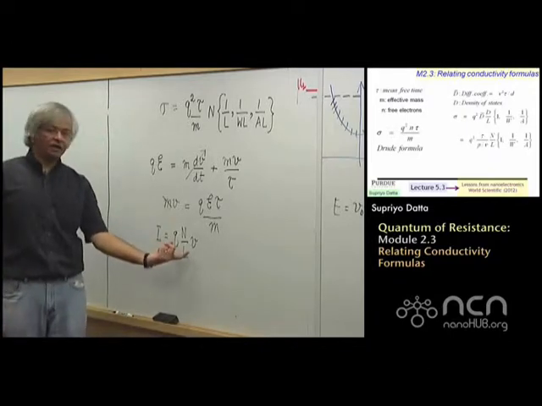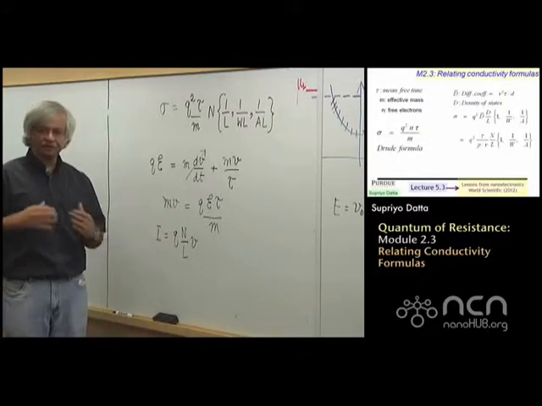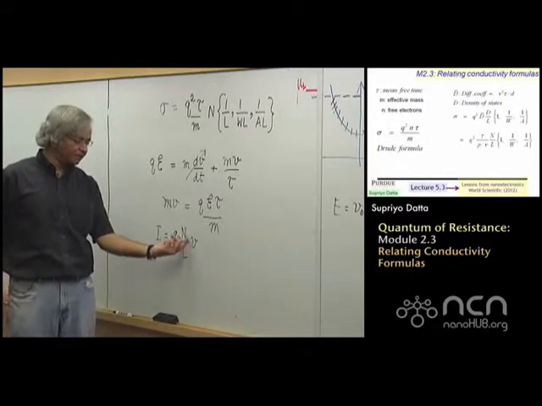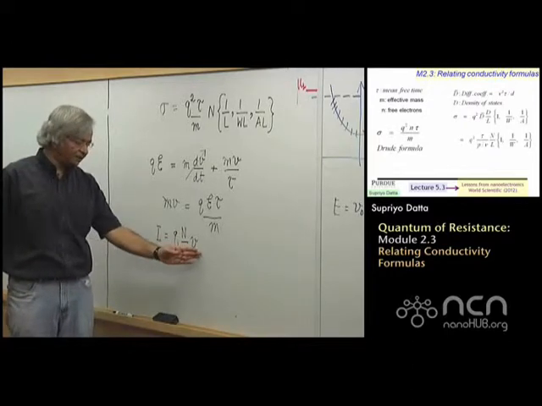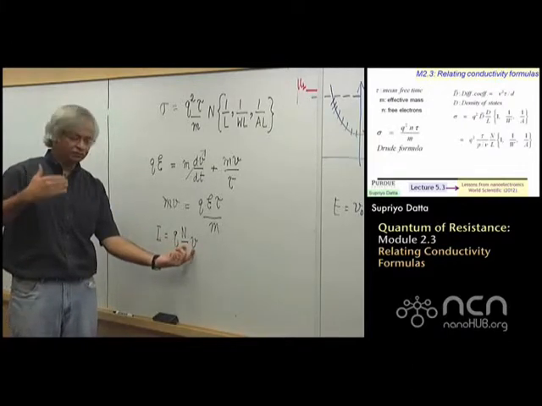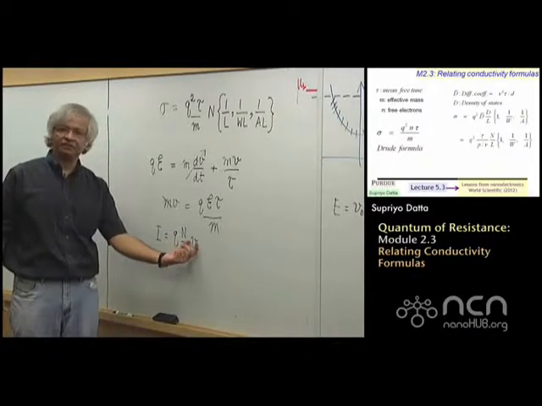And this you can argue, again from elementary considerations, that if you have a certain number of electrons per unit length, all traveling with a certain velocity, then the rate at which electrons will cross you per second will be number of electrons per unit length times velocity.